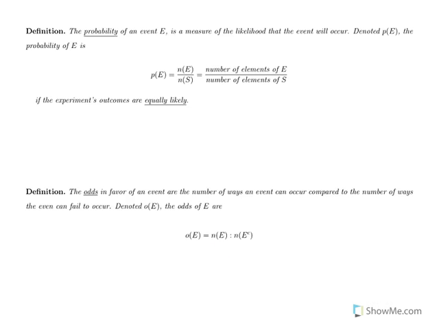And now we can start looking at probability. The probability of any event occurring is the likelihood that that event will occur. We denote the probability P of E, and the probability of E is given as P of E equals the size of E over the size of S. That's the number of elements in E over the number of elements in S. And this is true if the experiment's outcomes are equally likely.